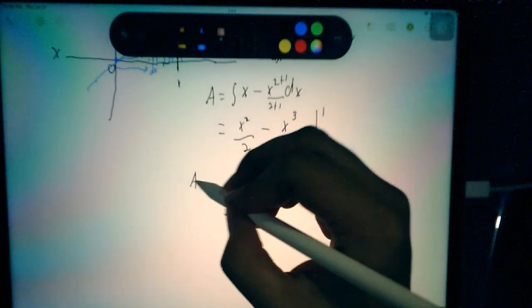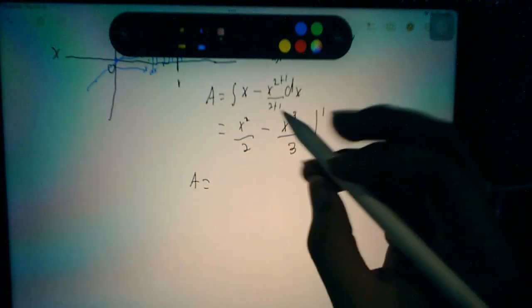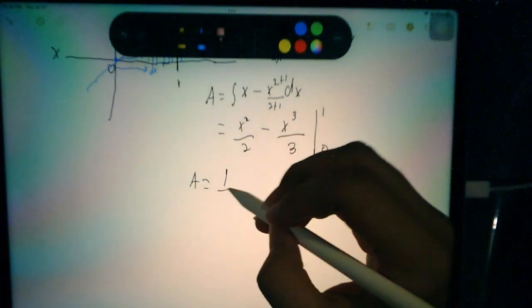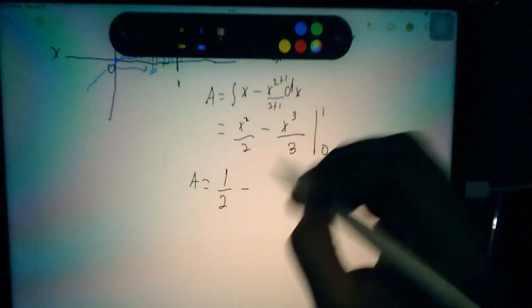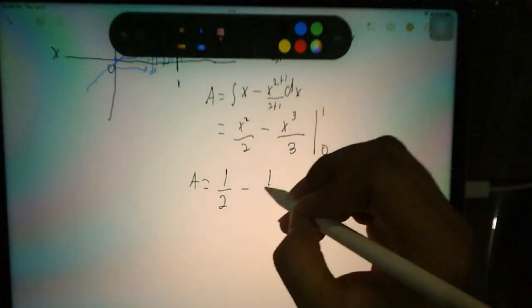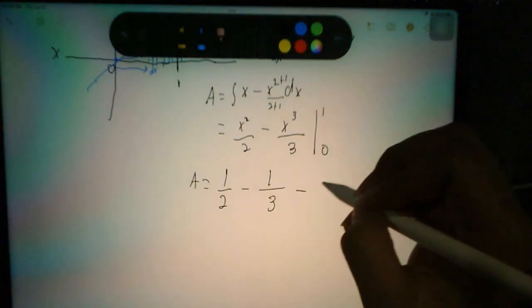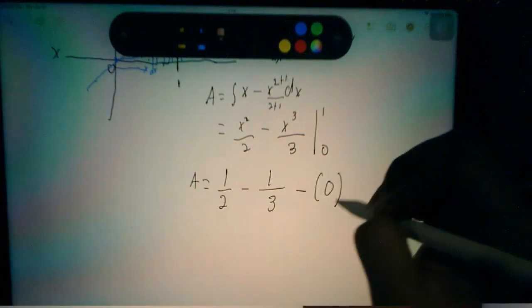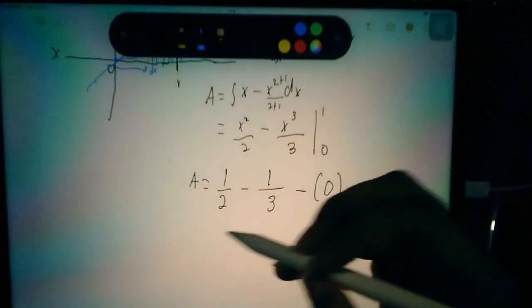So our area here, by substituting, is 1 half, 1 raised to 1 is just 1, minus 1 raised to the cube is just 1 over 3, 1 half minus 1/3 minus 0, because 0 over 2 is just 0.